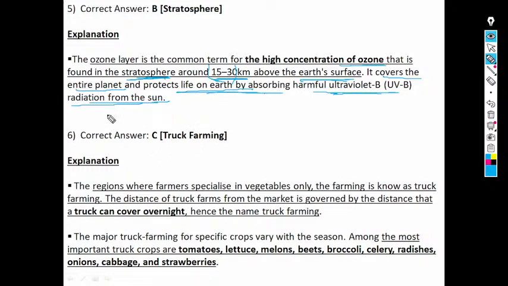Then, if I make the diagram here, this is your troposphere. This is 0.8 kilometer, this is 18, this is 50 kilometer.